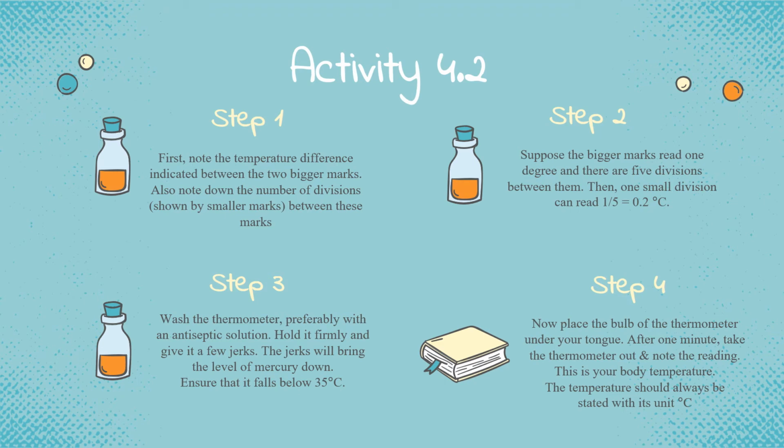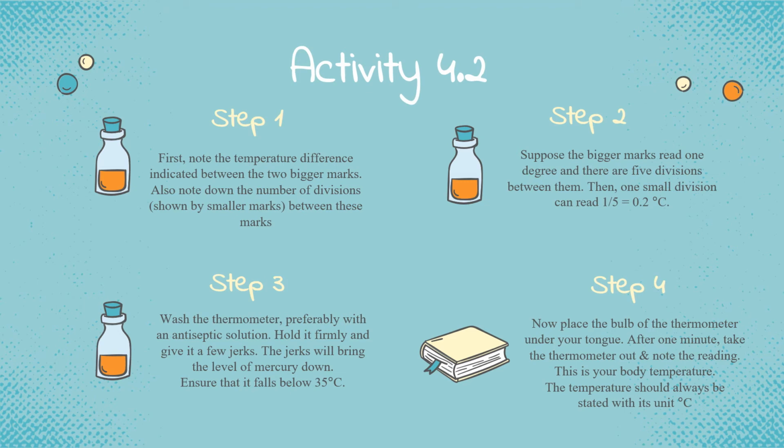Once you've washed your thermometer with an antiseptic solution, hold it firmly and give it a few jerks. So wave your hand just a little bit, but slowly, not too hard that you hit anything. The jerks will bring the level of mercury down a little bit. So make sure that it's below 35 degrees Celsius. So the little red liquid in there is at 35.